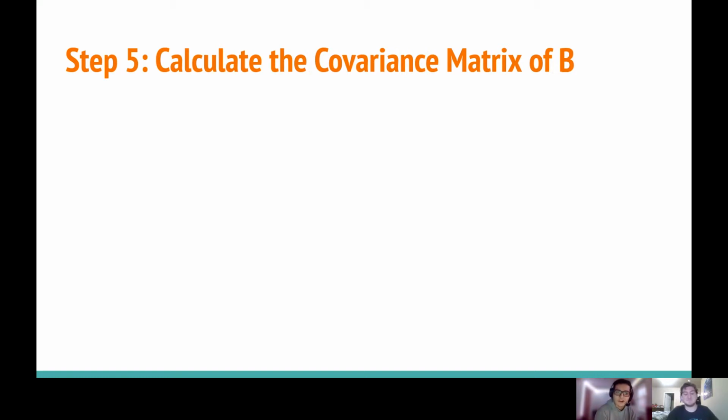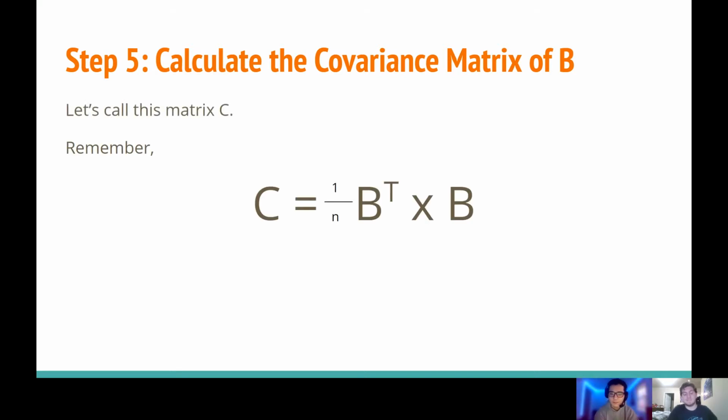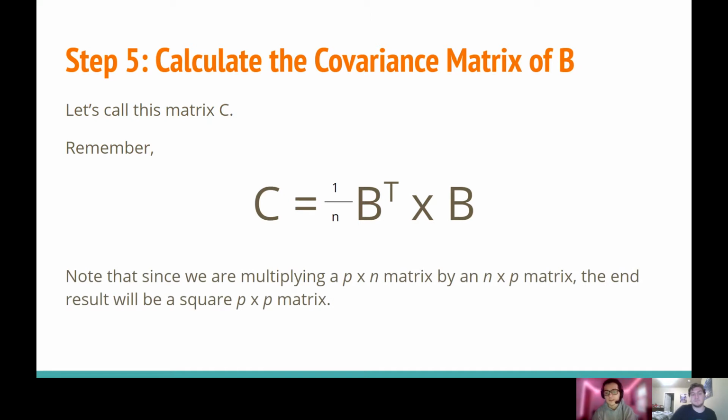Now that we have recentered our matrix so that the center of this distribution is 0, we can start to look at how variables relate to each other by calculating the covariance matrix of B. Let's call this matrix C. It is important to note that since we are multiplying a p by n matrix by an n by p matrix, we'll end up with a square p by p matrix.